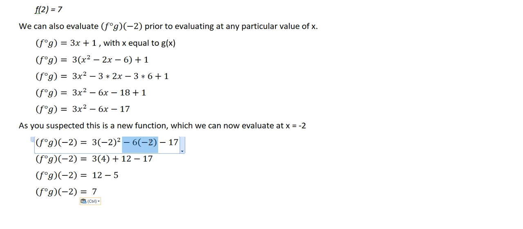Minus 6 times minus 2, and two negatives make a positive, so this is positive 12, and then we have the minus 17. So 12 plus 12 minus 17 is 24 minus 17, and the result is 7. Just as we expected before. Here's the previous result, f of 2 is 7.